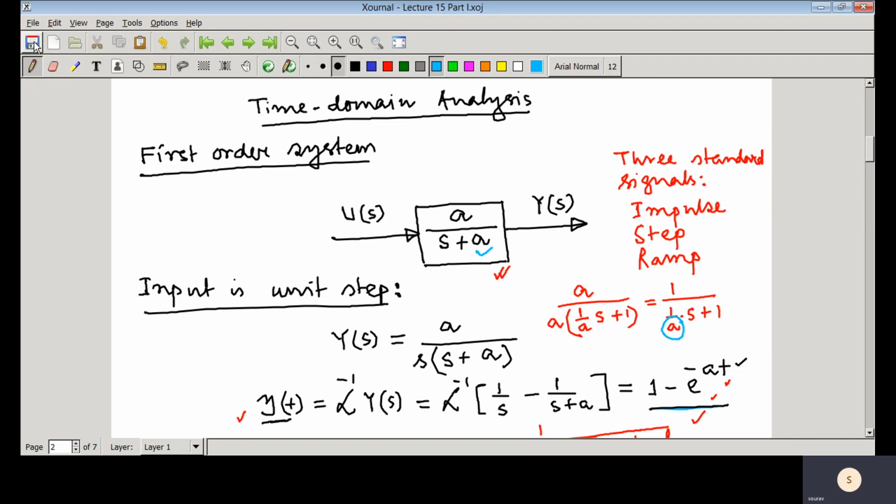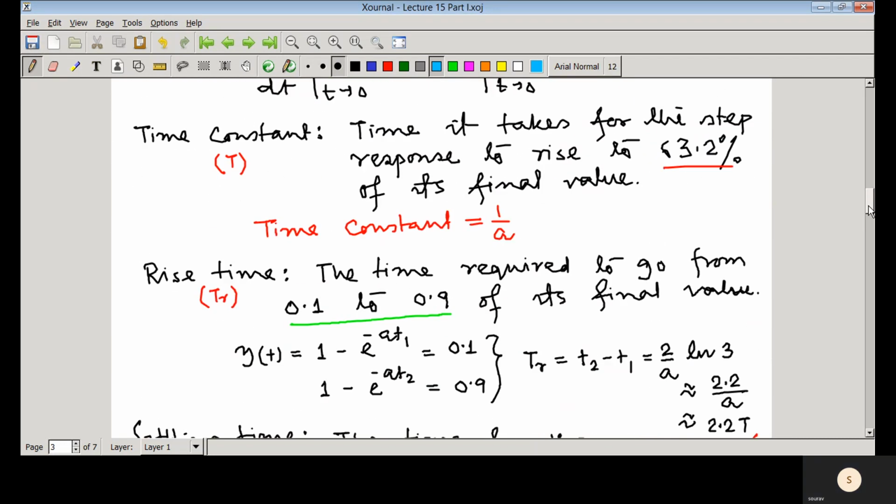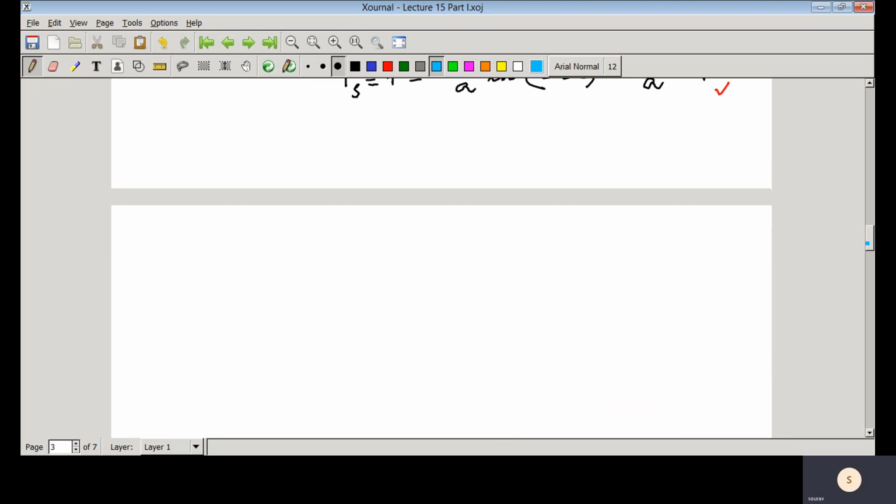So now we will see what happens if we apply different inputs, like a ramp, or if we apply an impulse. So now we are interested to see what is the unit impulse response.